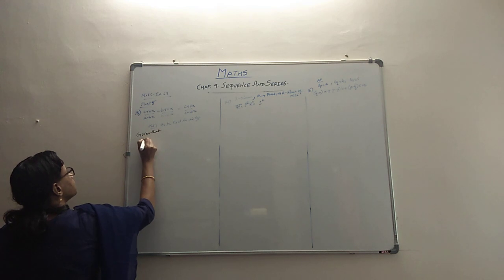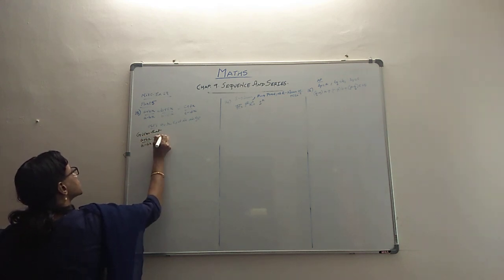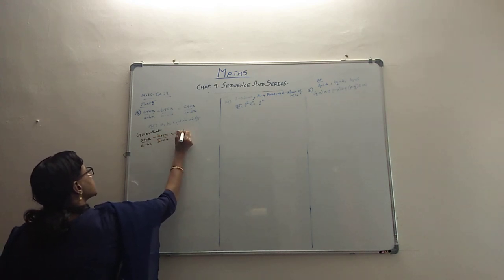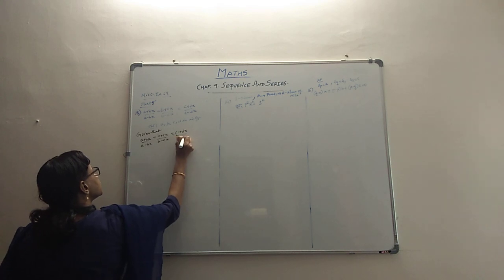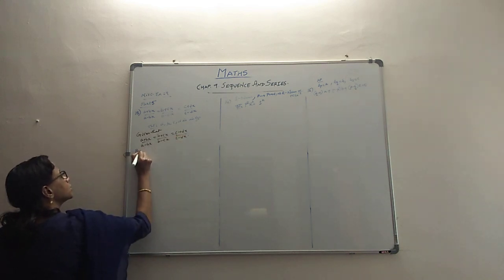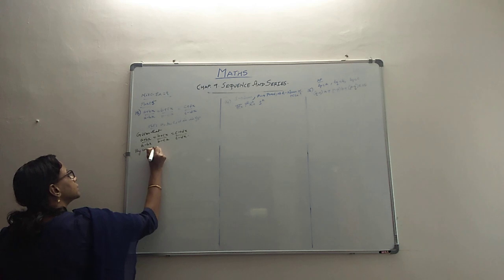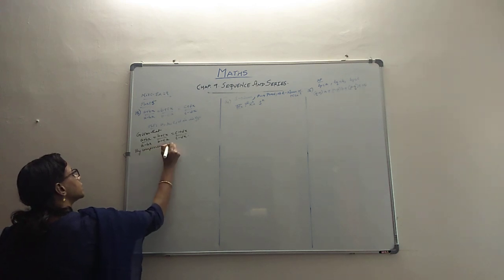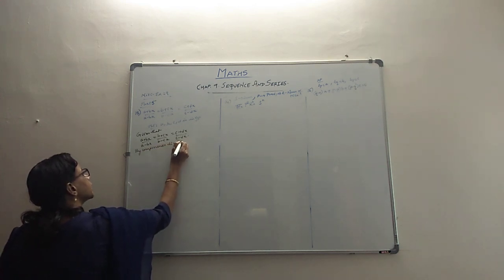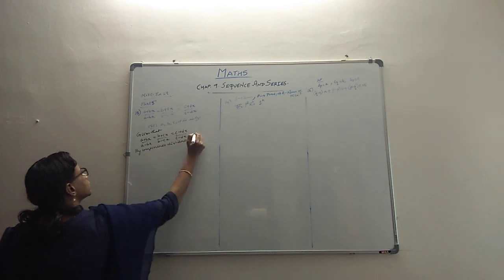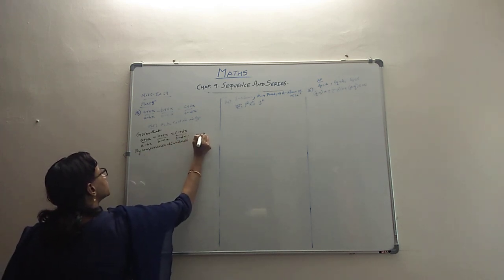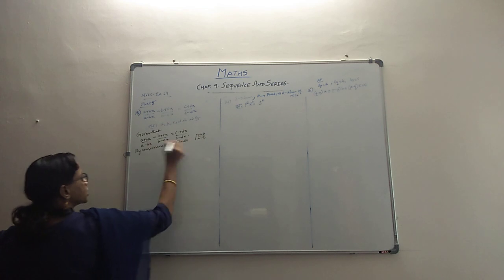we have (a + bx)/(a - bx) = (b + cx)/(b - cx) = (c + dx)/(c - dx). To this we are applying componendo dividendo. That is numerator plus denominator, and numerator minus denominator, everywhere.